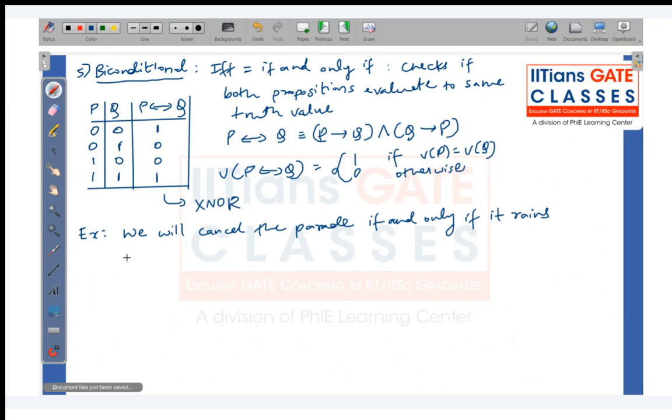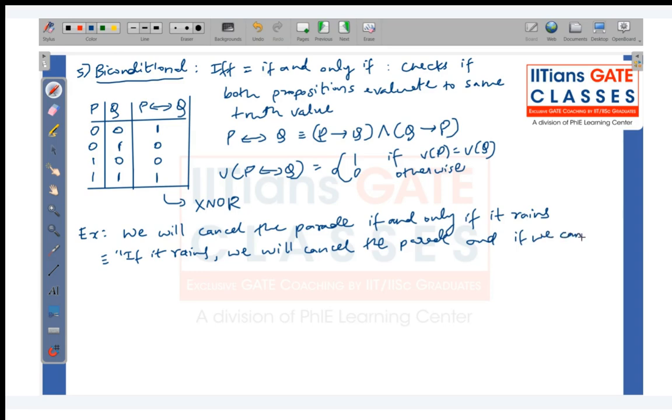An equivalent way of saying this is: if it rains, we will cancel the parade, and if we cancel the parade, then it is raining.